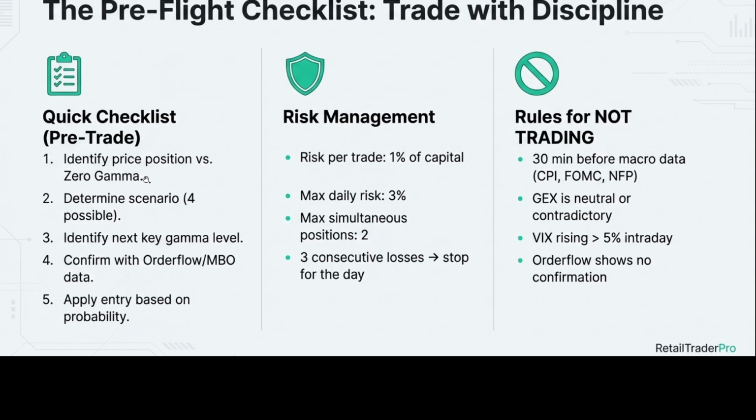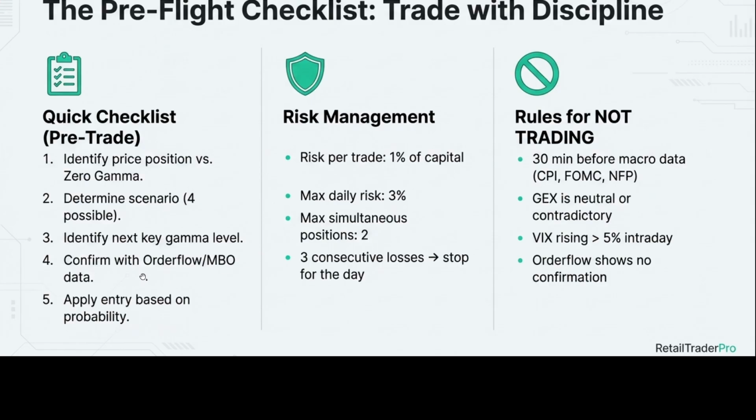Where is the price versus the zero gamma level? Second, determine the scenario. Which of the four scenarios applies to my trade? What do I have to do when I see that type of scenario? Third, identify the next key gamma levels.